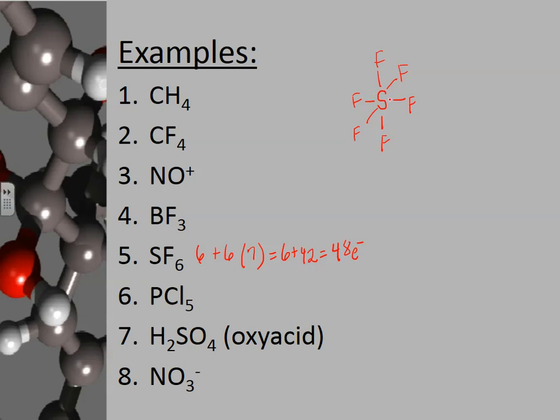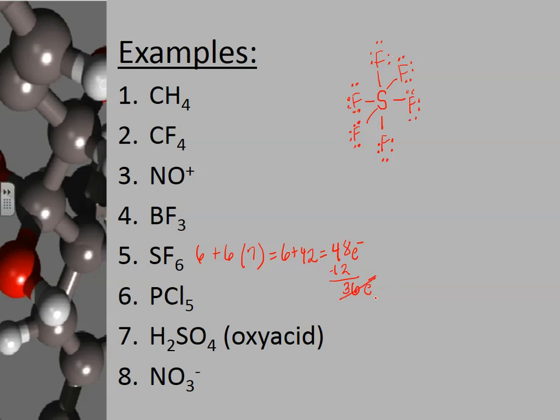Remember, sulfur is in the third period, so elements in the third period and beyond can accommodate extra electrons. We've used 2, 4, 6, 8, 10, 12. So 48 minus 12 gives you 36 electrons that we still need to place. 2, 4, 6, 8, and so on up to 36.